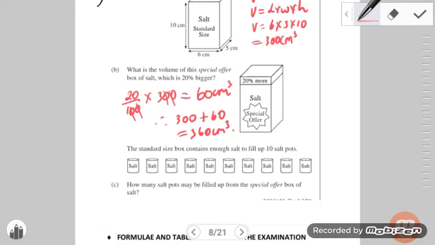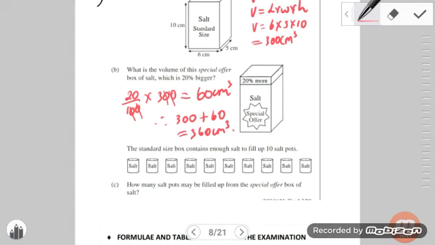Now it says here that the standard size box contains enough salt to fill up 10 salt pots. So the standard size box, which is the one at the top, which has a volume of 300 centimeters cube, has enough salt to fill up 10 salt pots. How many salt pots may be filled from the special offer box of salt?